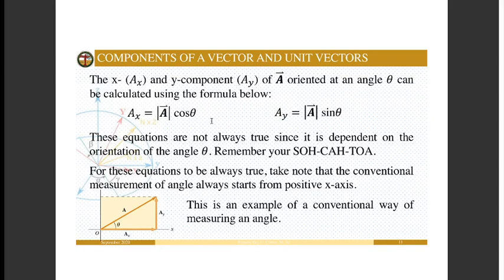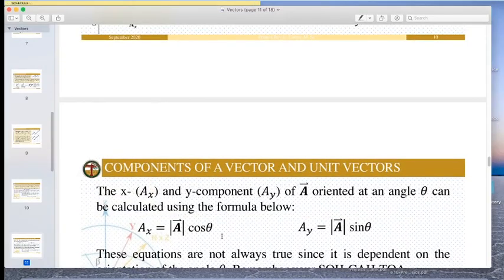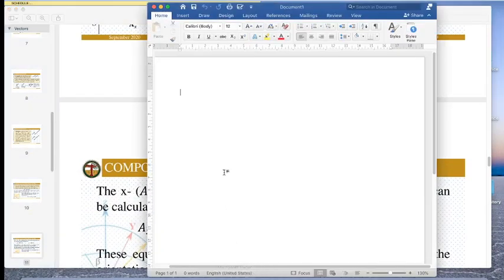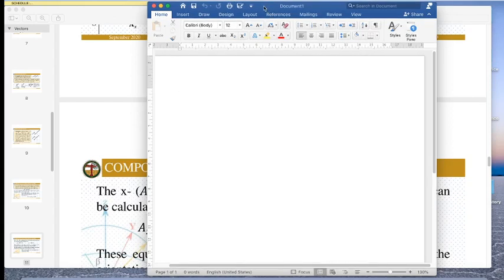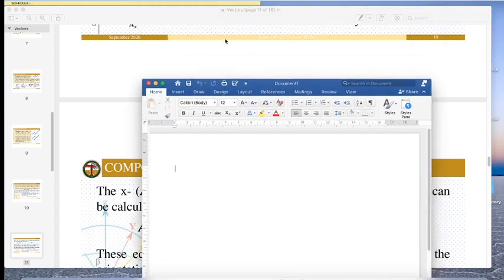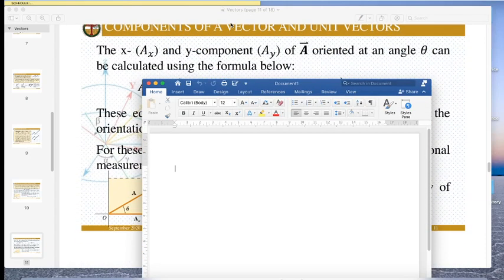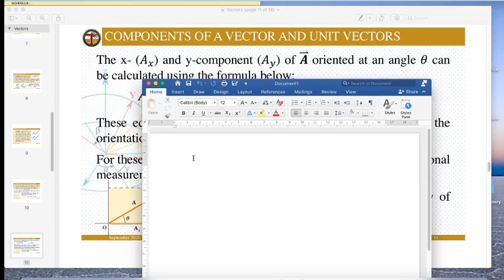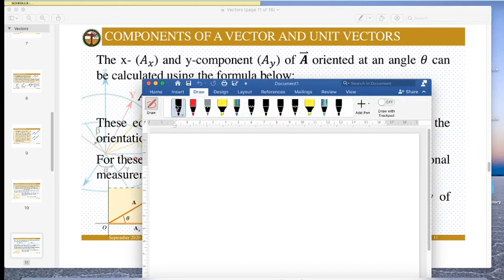This is just like SOHCAHTOA, right? So it's just SOHCAHTOA. So if we have the x and y components, in the last slide we can draw it.